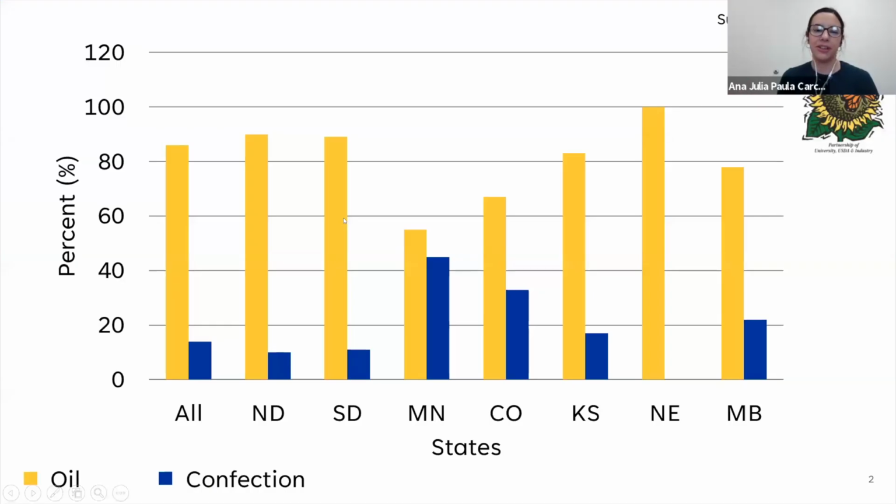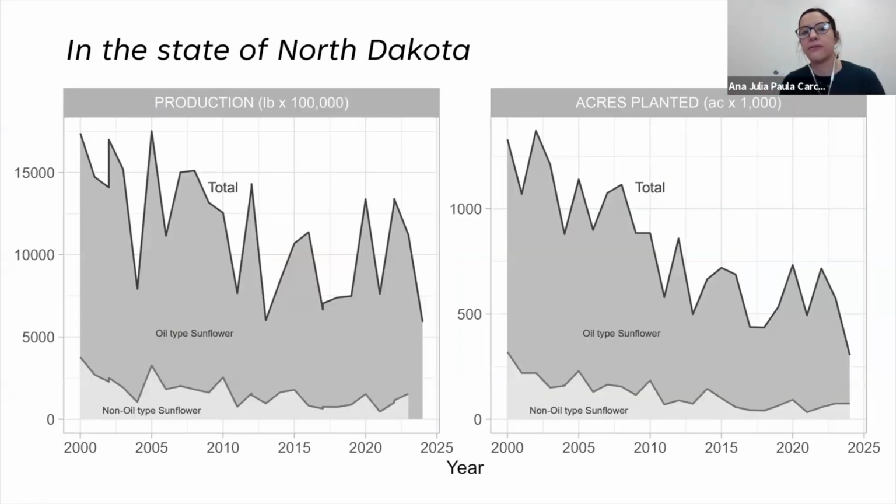So just to start, when we're talking about sunflower, we're mainly talking about 2 types of sunflower. We have the one that's grown for oil, and then we have the confection. When we're talking about North Dakota specifically, most of the sunflower that we grow is an oil type.